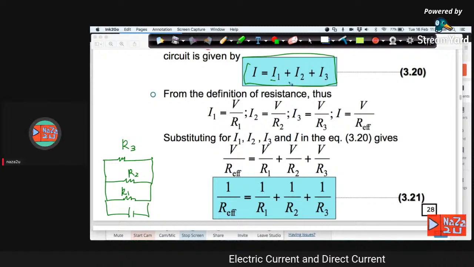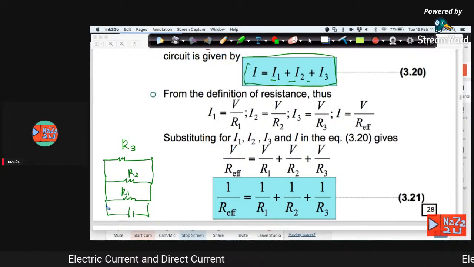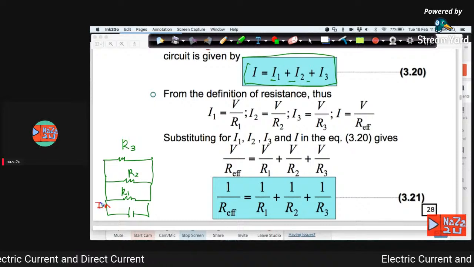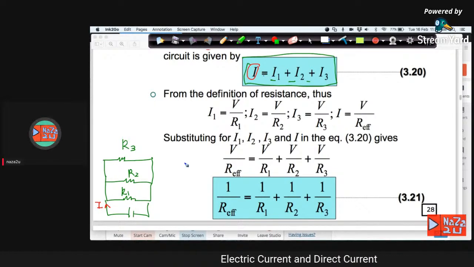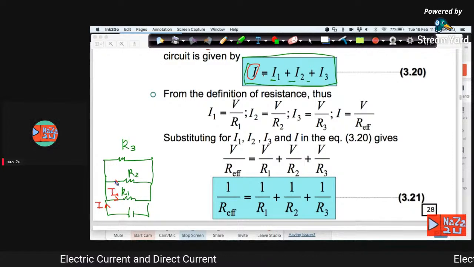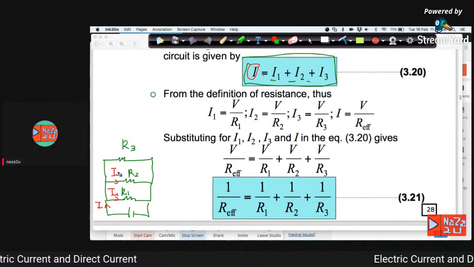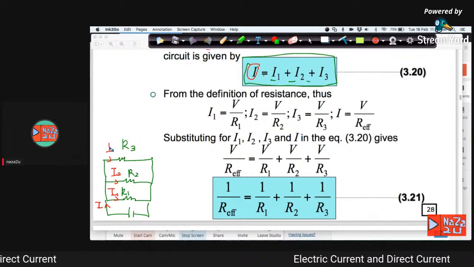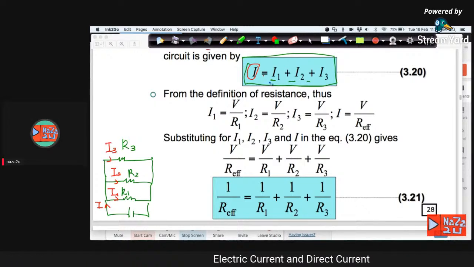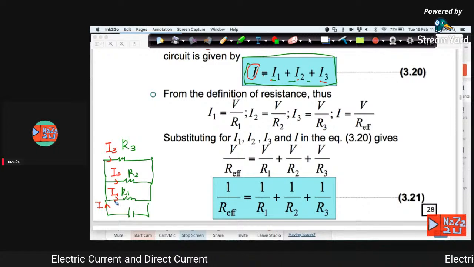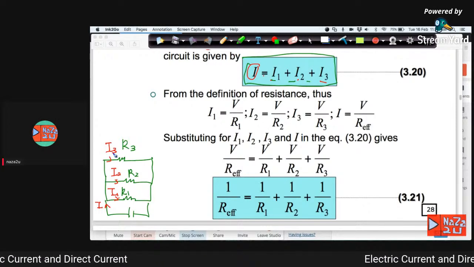So current flow, initial current I, is hasil tambahan is equal to I yang masuk dalam perintahan pertama, I yang masuk dalam perintahan kedua, I yang masuk dalam perintahan yang ketiga. So this is I1 plus I2 plus I3.